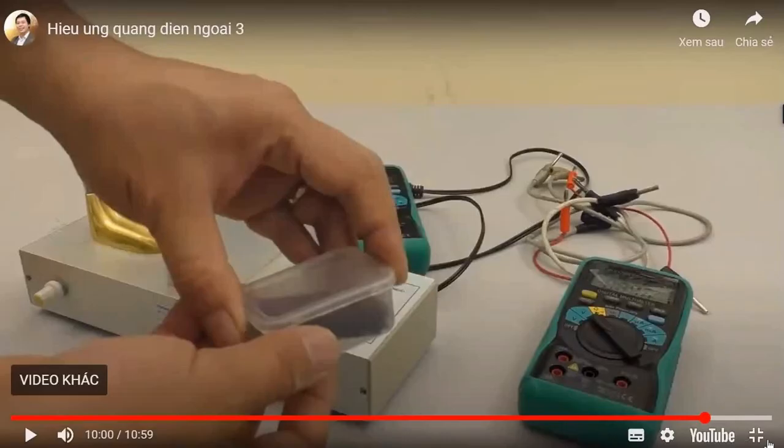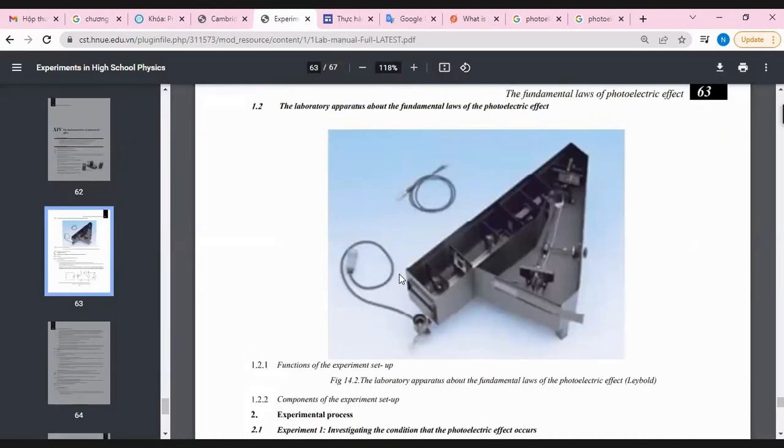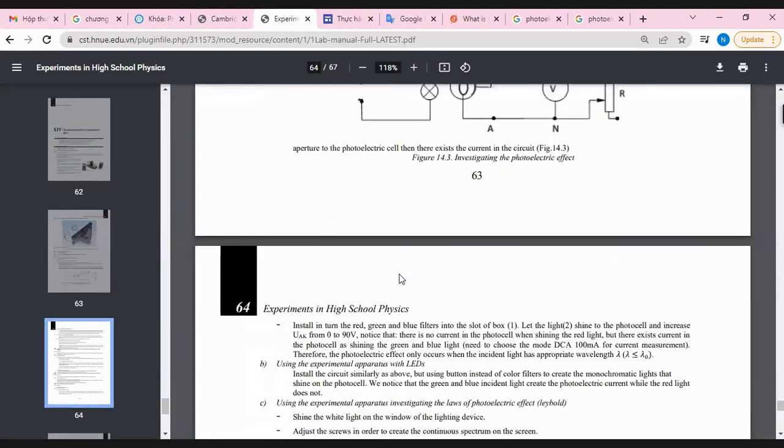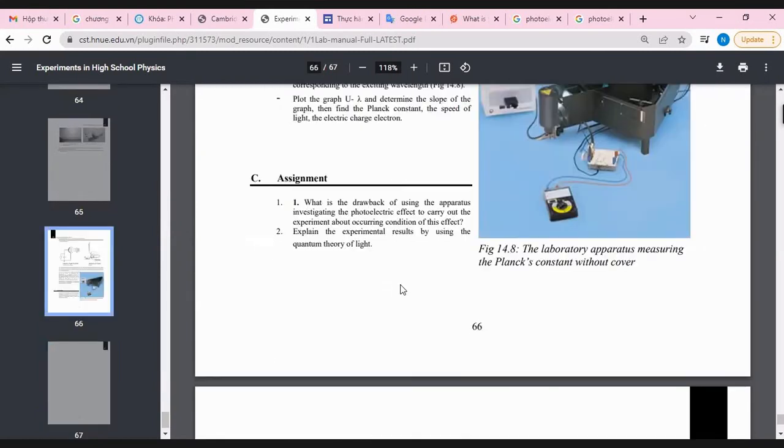So this is all about the apparatus, and yes, you might not have enough time to watch the video before the class, but at least next week when you come to the class offline, you need to read the text, the document here, to know about the apparatus before the class.